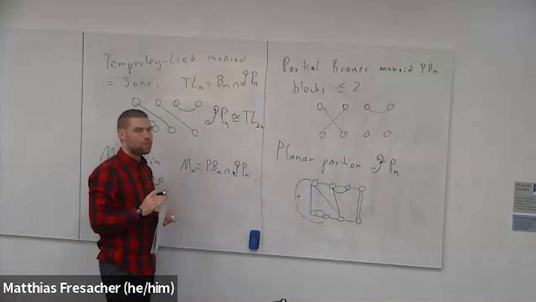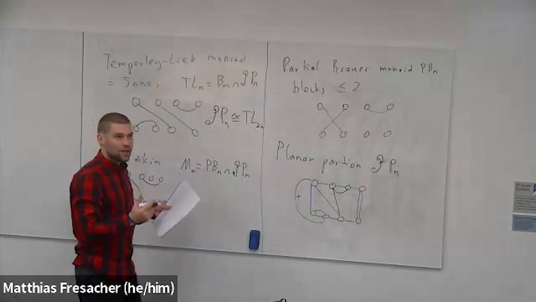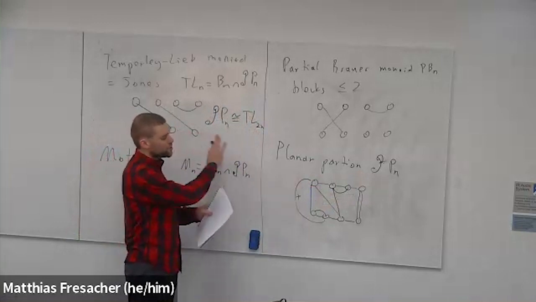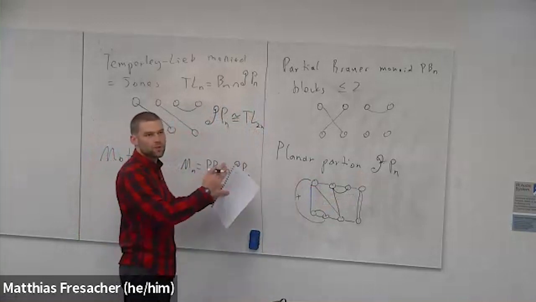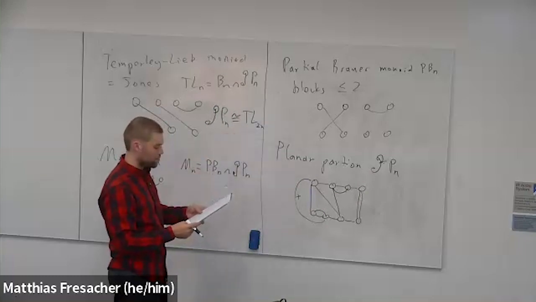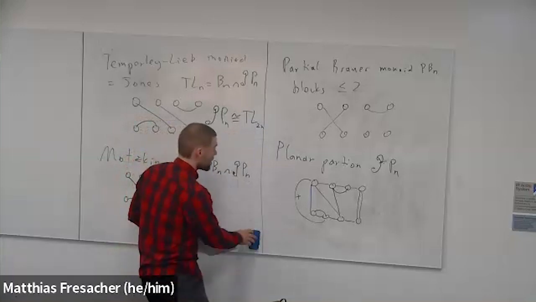I'm not going to explain why that's the case, it's just an interesting result. It means that a lot of the time you only need to look at one of them, because you get the other one for free up to the number of vertices.